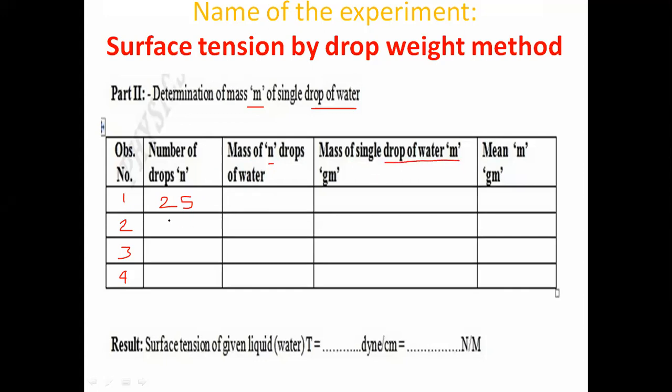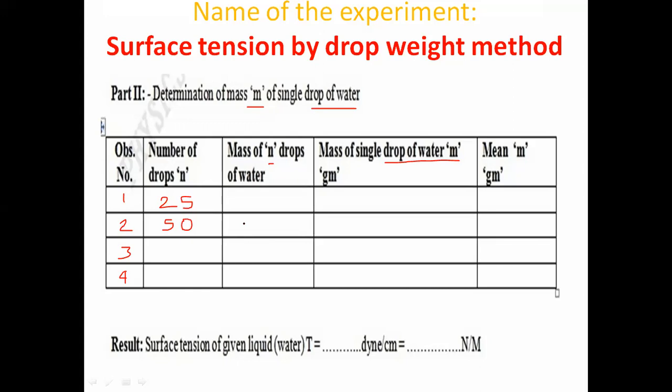Then collect another 25 drops, so that the total in that dish is 50, that is, initially 25 and 25 more drops added in the same beaker or petri dish, and then once again weigh the beaker.